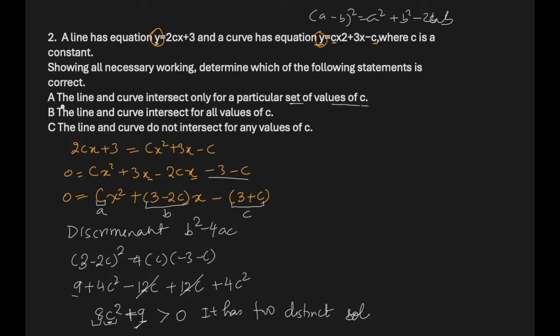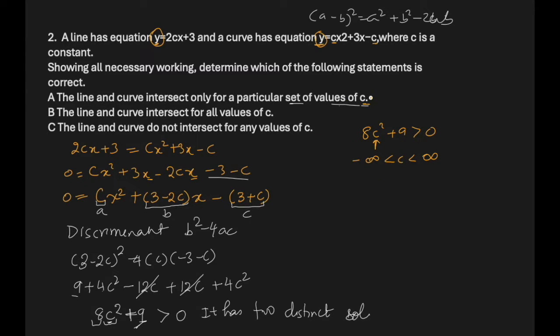Now let's see the three statements they have given. The first one: the line and the curve intersect only for a particular set of values of c? No. 8c square plus 9 is greater than 0 for any value of c, from negative infinity to positive infinity, any number I give, it will always be greater than 0.